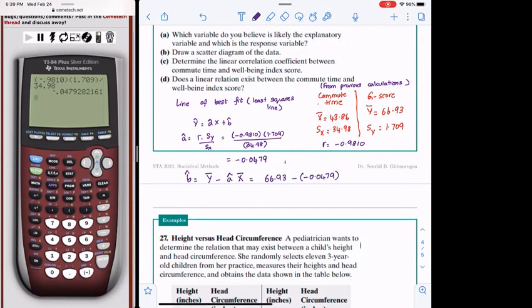That is the computed value of A hat, and multiply that by 43.86. And we end up getting a value of 69.03.